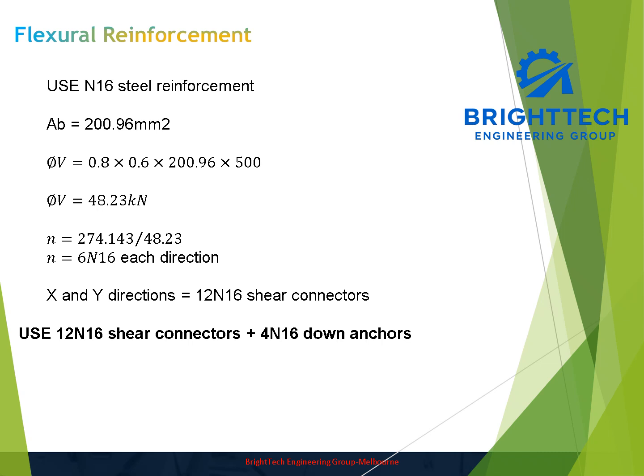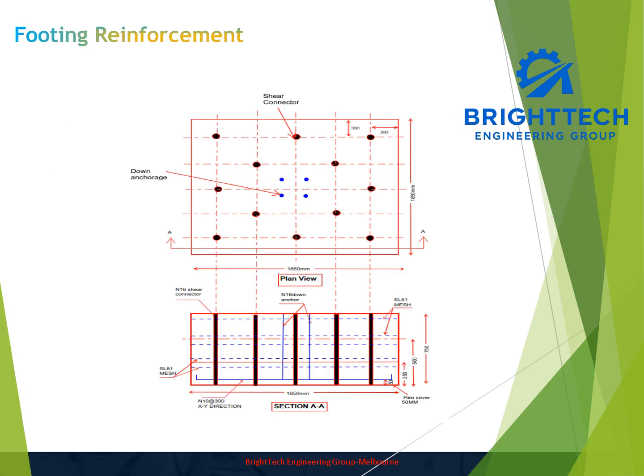So finally we use 12 shear connectors plus 4 hold down anchors, in order to tie the pedestal to the bottom of the footing. And the shear connectors are distributed over the plan of the footing, as you can see here.